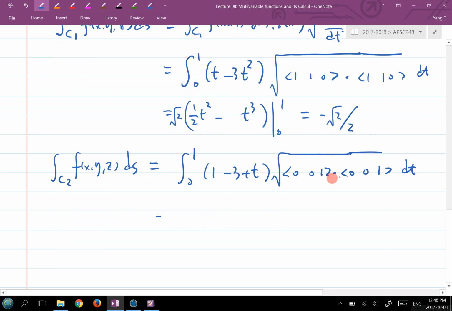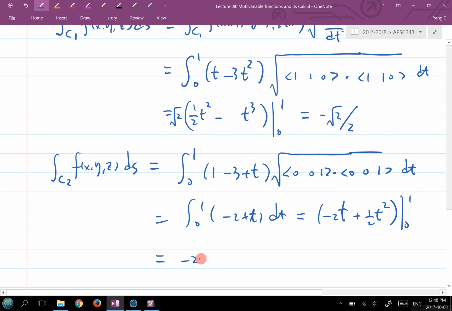This one just gives you 1, and this one gives you negative 2 plus t dt. So that gives me negative 2t plus 1/2 t squared. The t goes from 0 to 1. So plugging 1 in, negative 2 plus 1/2, so that's negative 3 over 2.